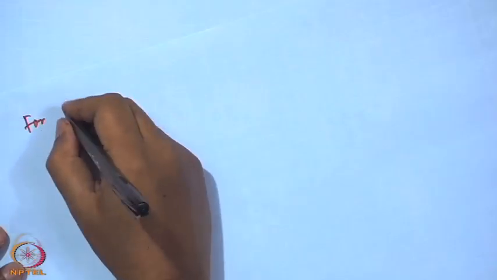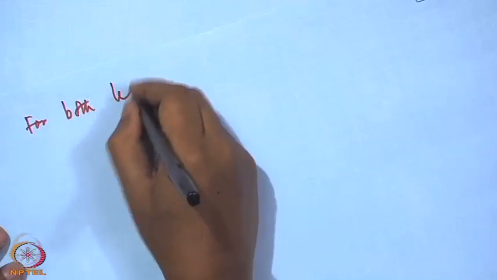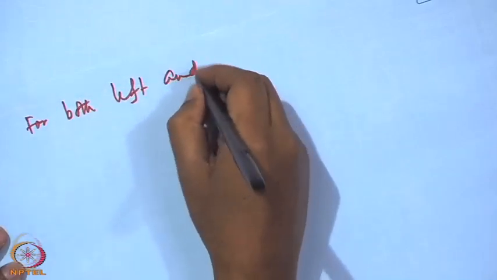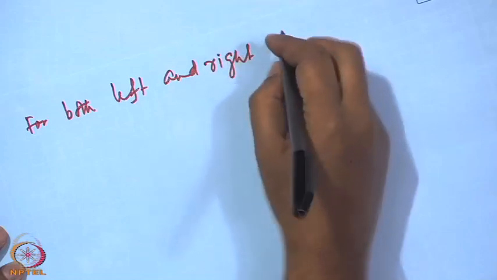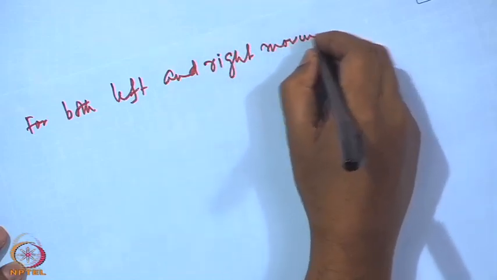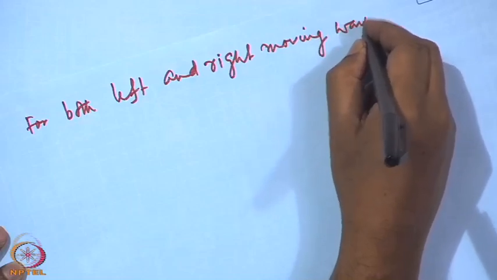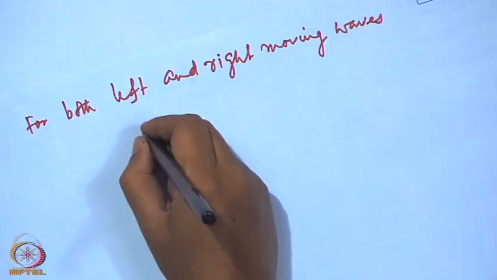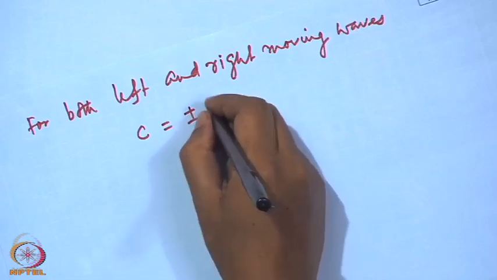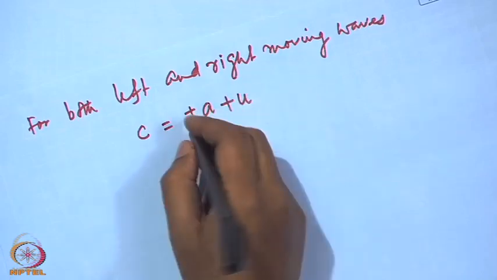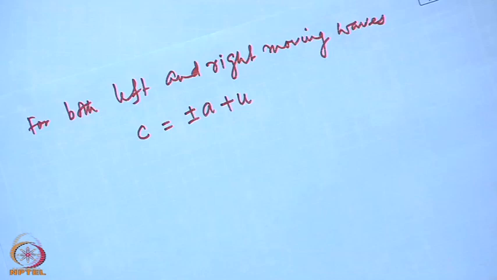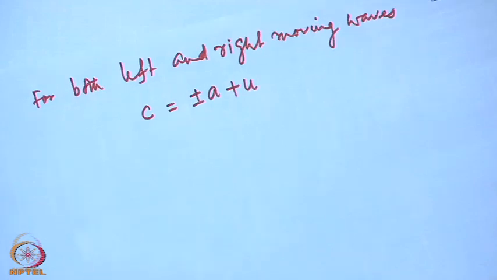So, for both left and right moving waves, C equals plus or minus A plus u, where the plus is for the rightward moving waves and the minus is for the leftward moving waves.